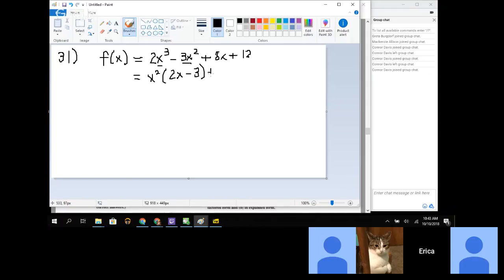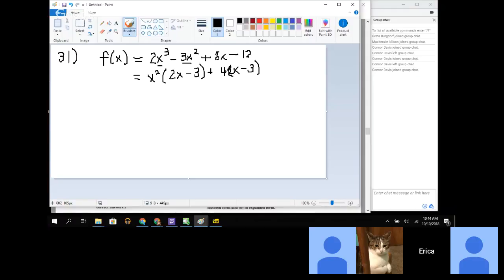And then my next two terms, they both share a 4. So if I pull a 4 out, I get, I wrote it wrong, this should be a negative, I get a 2x minus 3.